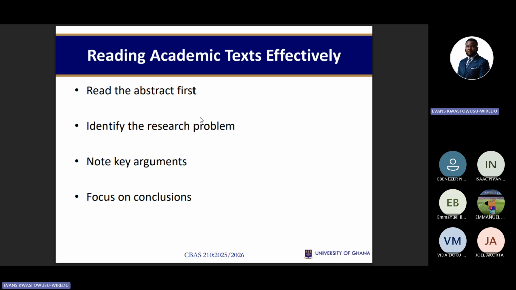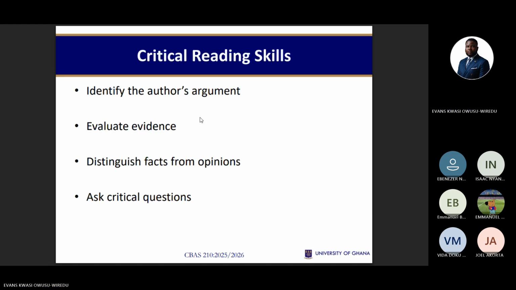So in other words, it has given you or equipped you with skills to identify arguments on the author's side. But it's not only on the author's side, it also gives you an understanding from the opposing side as well, right? One of the skills it also gives you when you are reading academic articles is the ability to evaluate evidence.